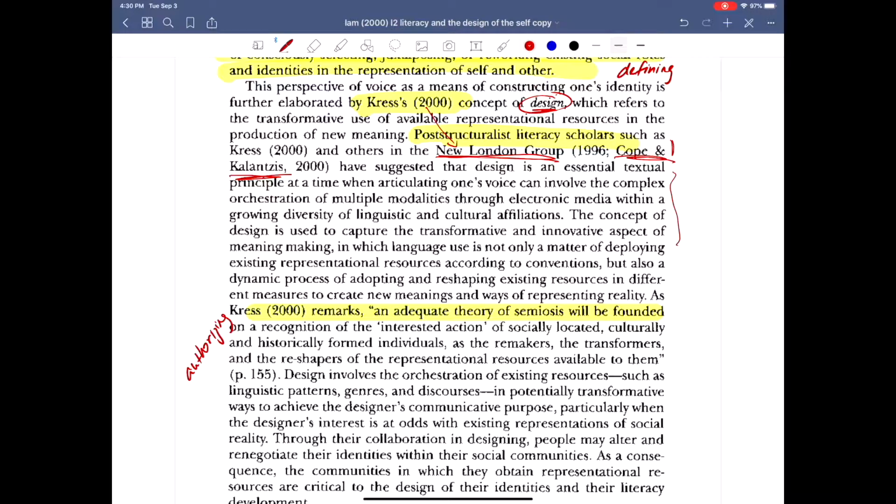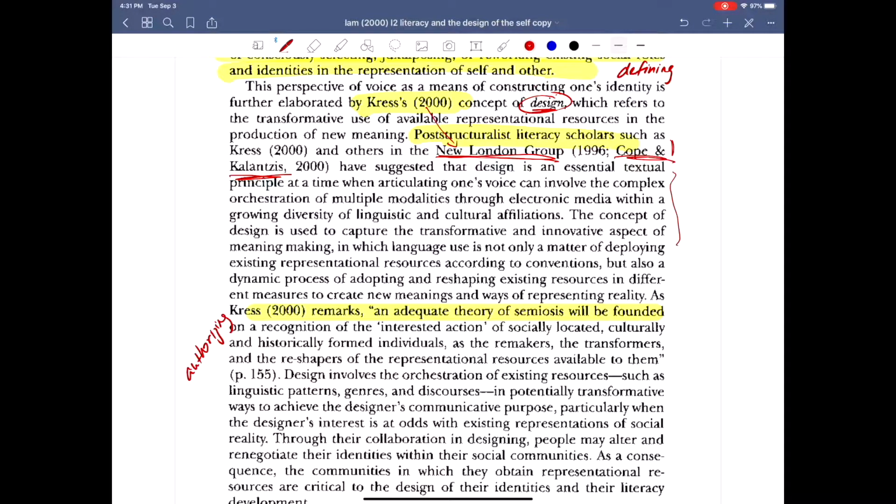You come across a lot of theorists who talk about the same thing, and they really mean the same thing. That comes from understanding the field a little bit better, which is part of what your literature review process is for: to understand the field and to know that when you use the word design, when you use the word self, whatever keywords you end up using, those words are important and significant and unique in that particular use, which is why she spends a lot of time defining them.